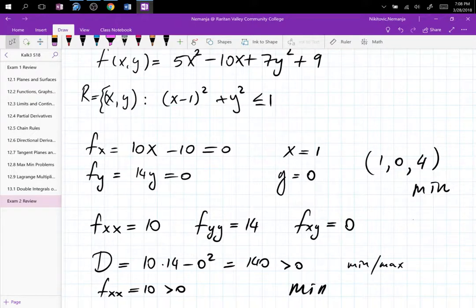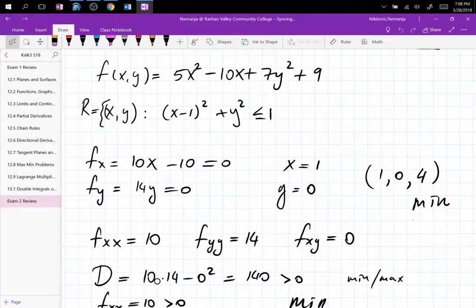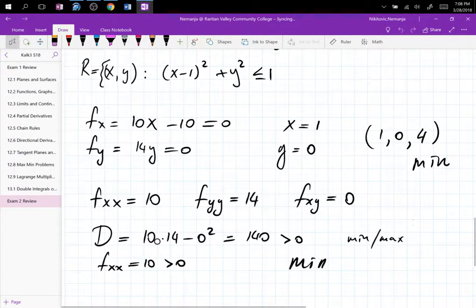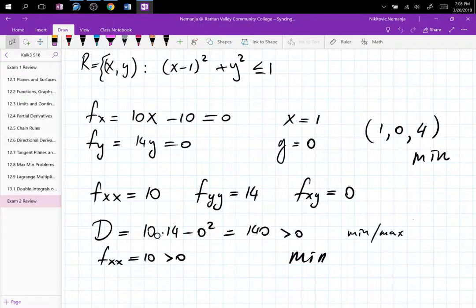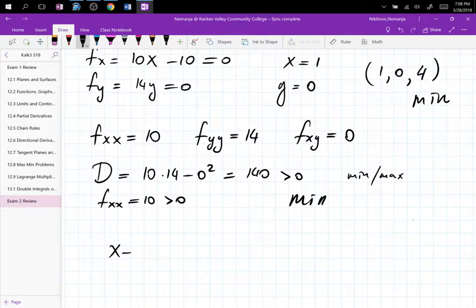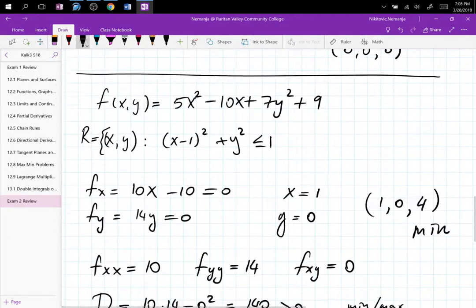So what do I have? Well, I have the ring, the disk, which gives me the edge. And that disk is x minus 1 squared plus y squared, I'm just going to call it equal to 1.